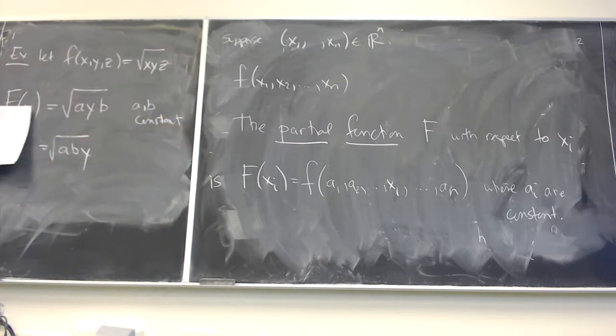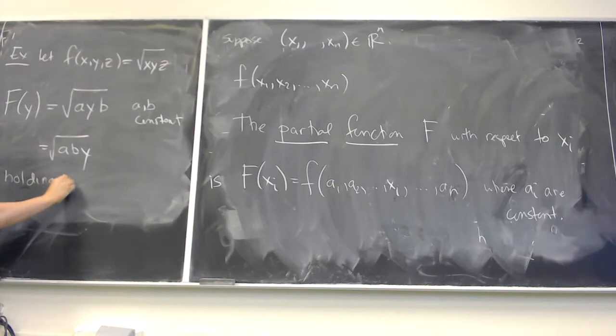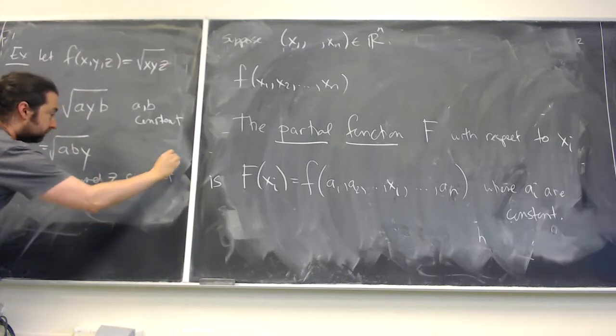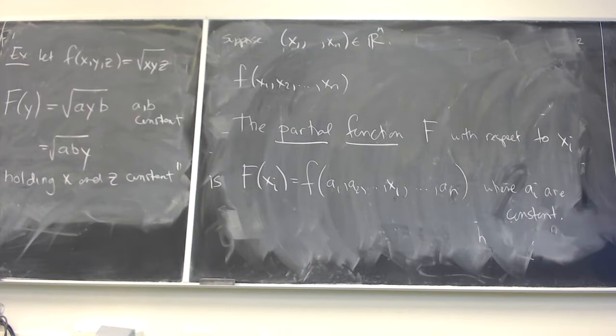I leave one variable that I've chosen as a thing that moves, and everything else I'm thinking of as being constant. The language that gets used in mathematics classes, physics classes, and engineering classes is holding variables constant. In fact, you see this a lot of times in stat and probability classes as well. What we're doing here is, this is called holding x and z constant. We're pretending that we are limiting ourselves to the only motion of the function being in the variable that we've chosen.